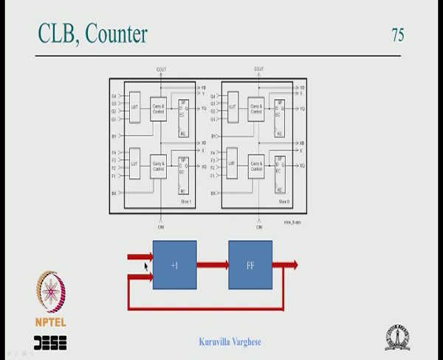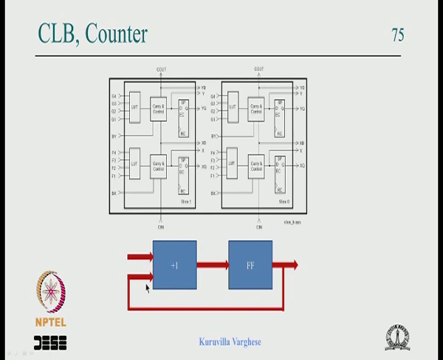For parallel load there has to be a load signal and the data in signal. That is required. So for each flip flop there will be 8 things fed back, and you have the load and the data in and all that.